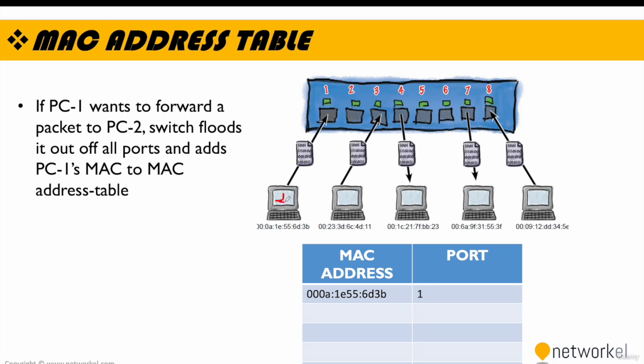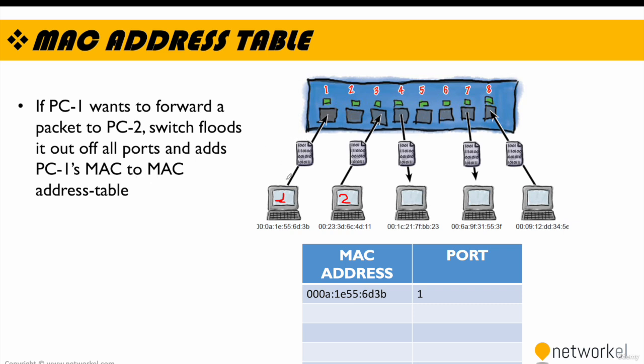And let's say this PC wants to send some information to PC2, but the MAC address table is empty, right? When PC1 wants to send some packets to PC2, the switch floods it out of all ports and adds PC1's MAC address to the MAC address table.